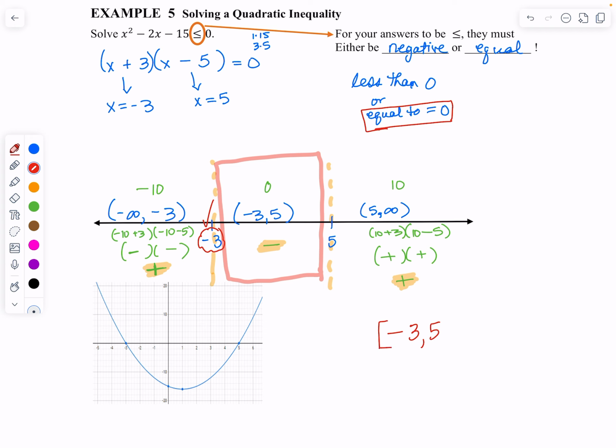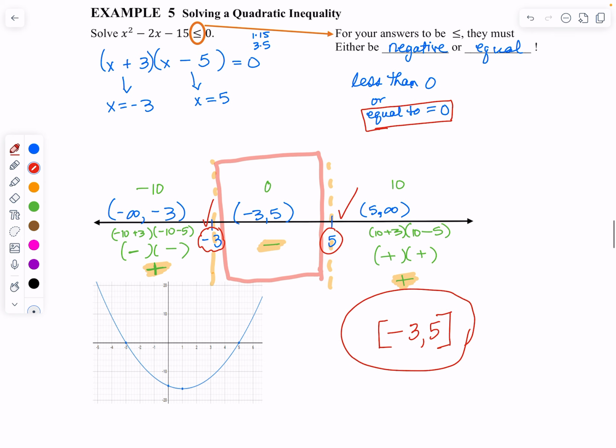I'm going to put a bracket there. 5, I do the exact same thing with 5. When I plug 5 in, notice if I put it here, I get a 0. So it says it could be or equal to 0. So my 5 works also. So that's a bracket. So my final answer for this in interval notation would be anything between negative 3 and 5 and including negative 3 and 5.